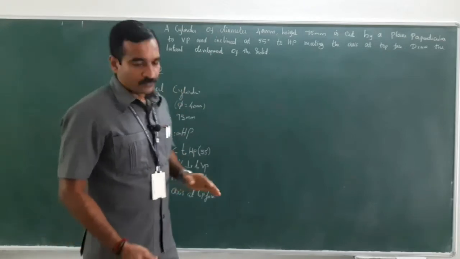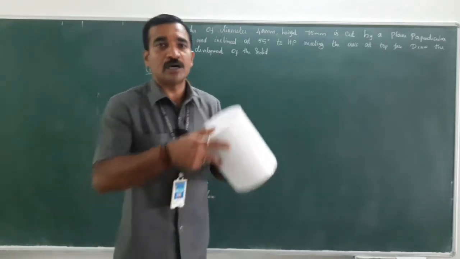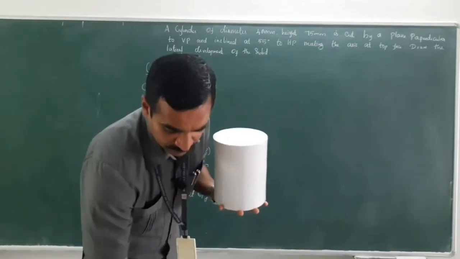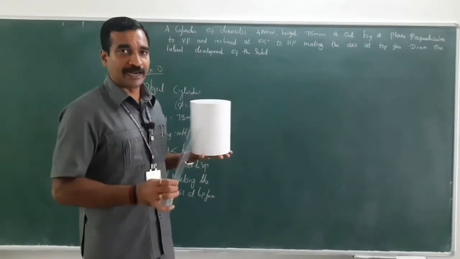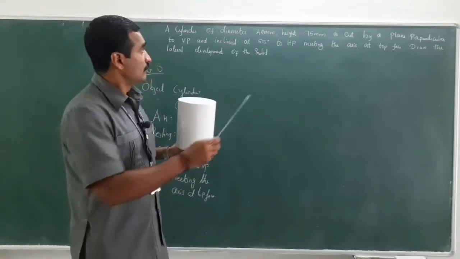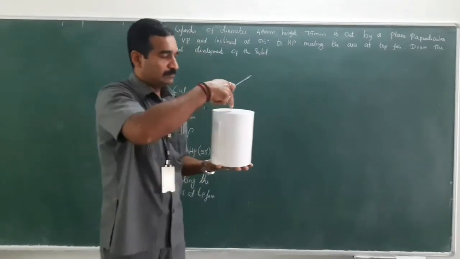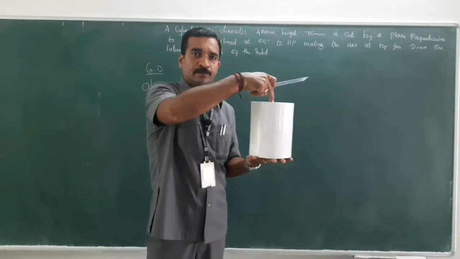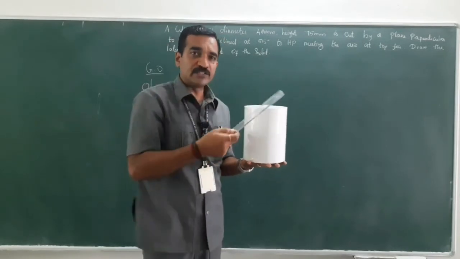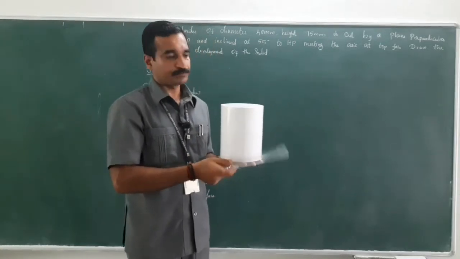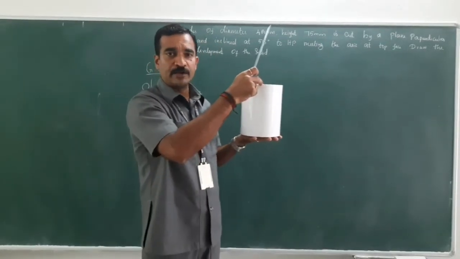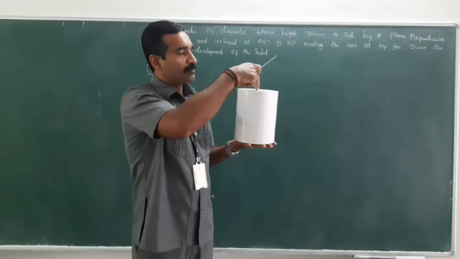See, this is how the object is being placed, and a cutting plane is used to cut the object at 55 degree, meeting the axis. Axis is nothing but an imaginary line connecting the top face and the bottom base. The axis is on this line.